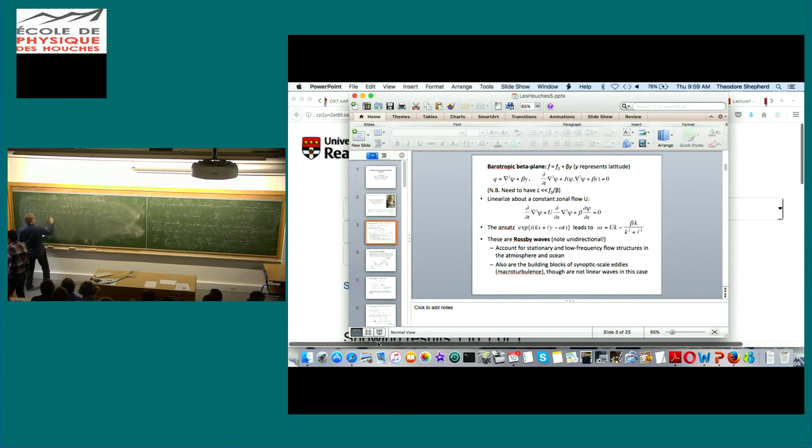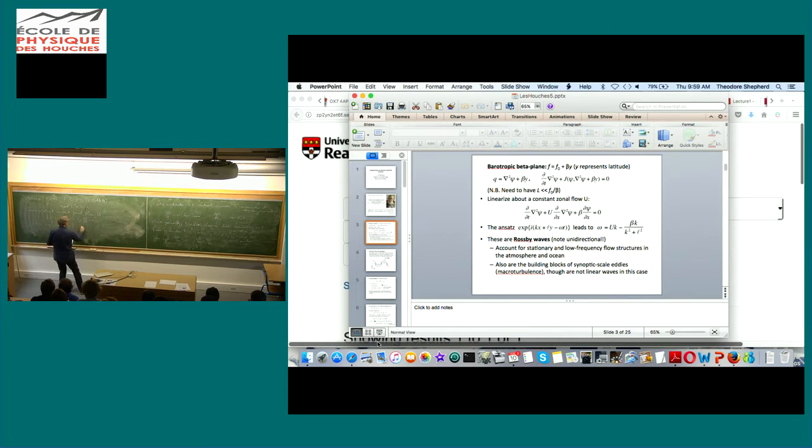d by dt of del squared psi plus U d by dx del squared psi. That's the Doppler shift term, and the beta term. And you substitute the ansatz exponential of i(kx plus ly minus omega t). You seek solutions.